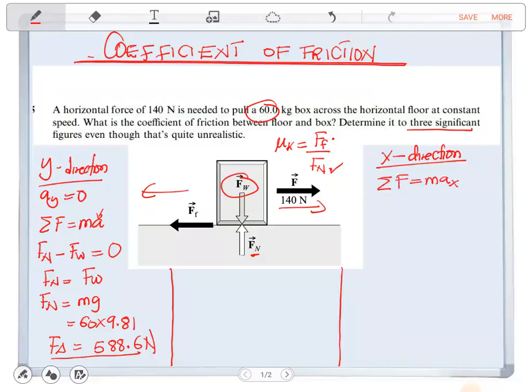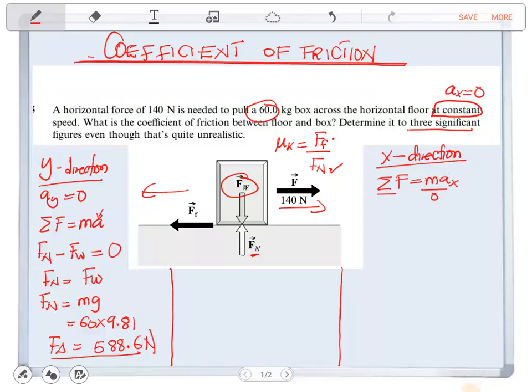Now, I want you to note something: constant speed. An object moving at constant speed means there is no change in speed, so acceleration is 0. So acceleration in the x direction is also 0, and 0 times mass is still 0.